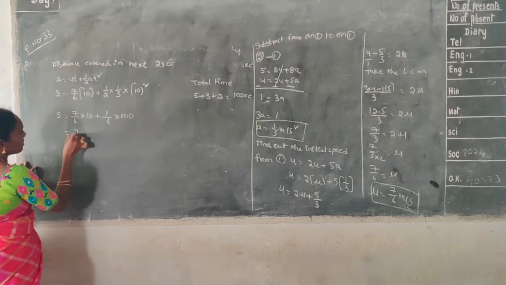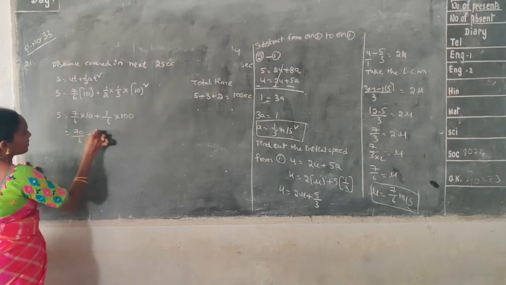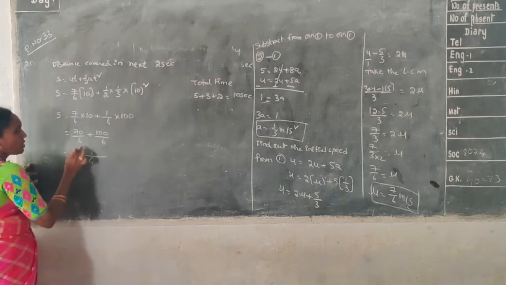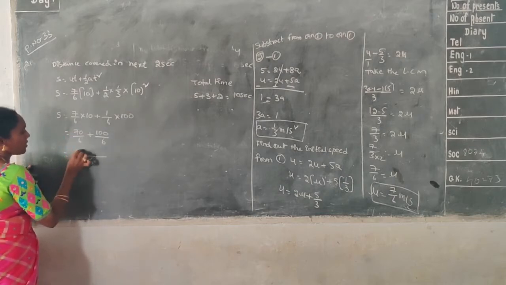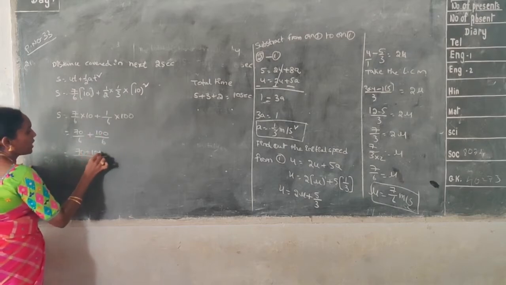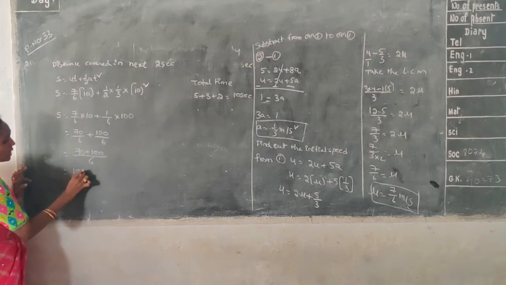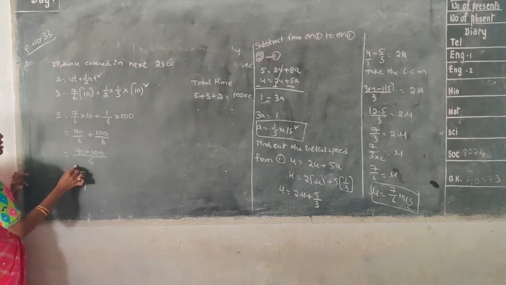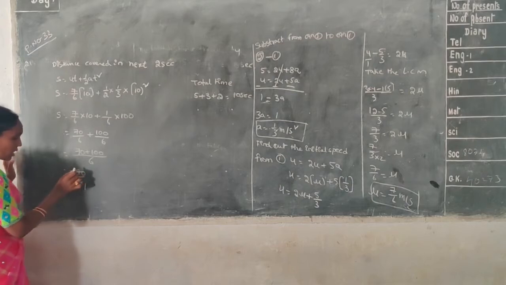Here 7 into 10, 70 by 6 plus 100 by 6. Here LCM is 6. 70 plus 100, 170 by 6.